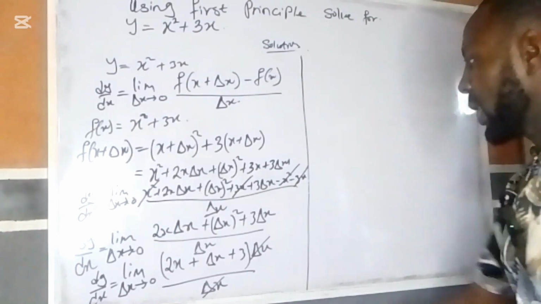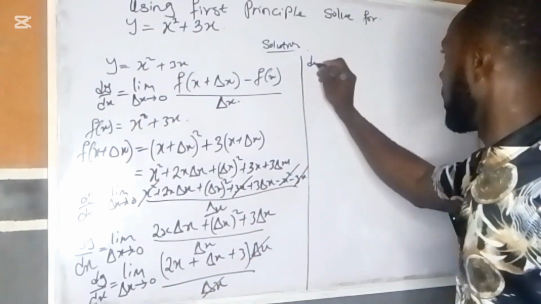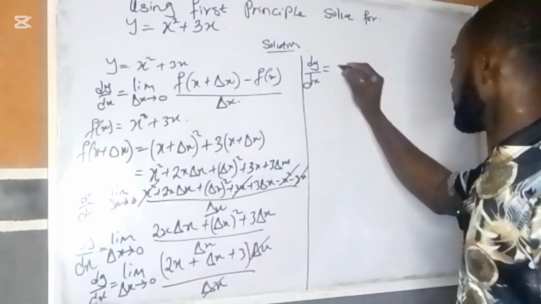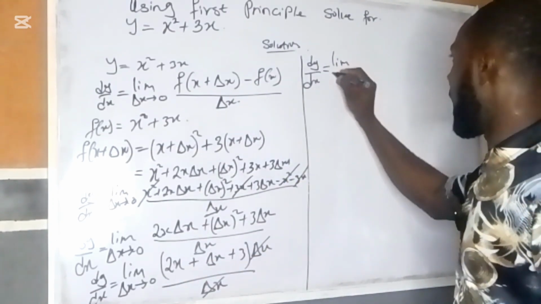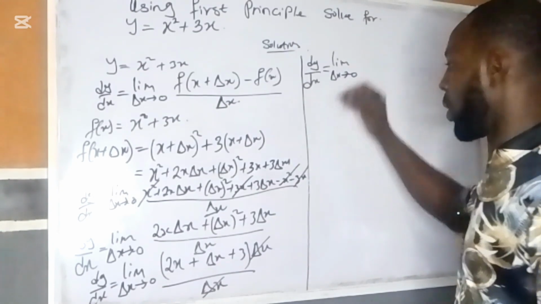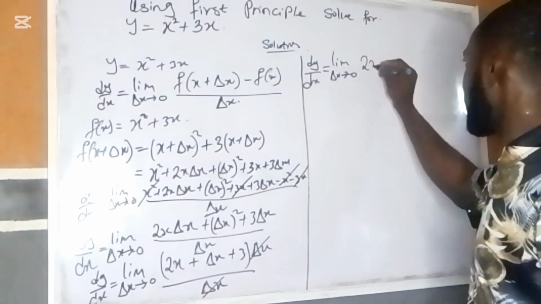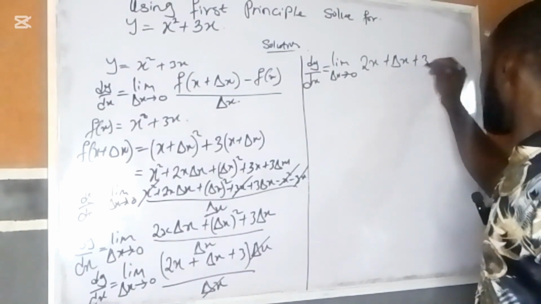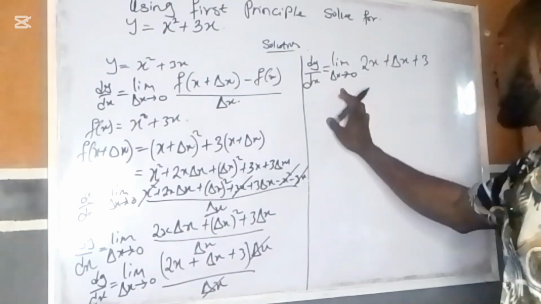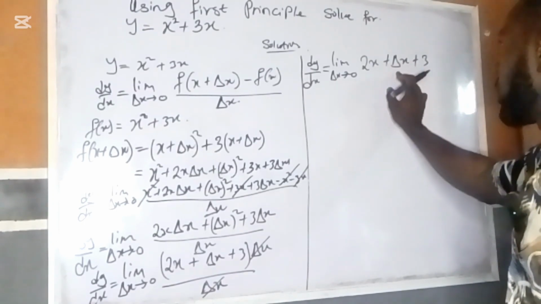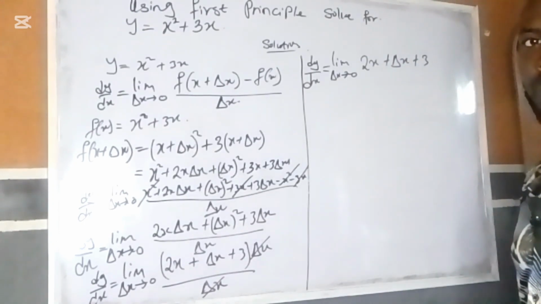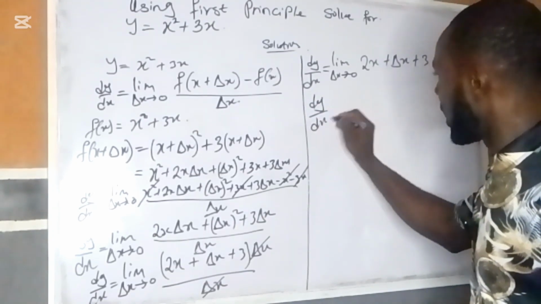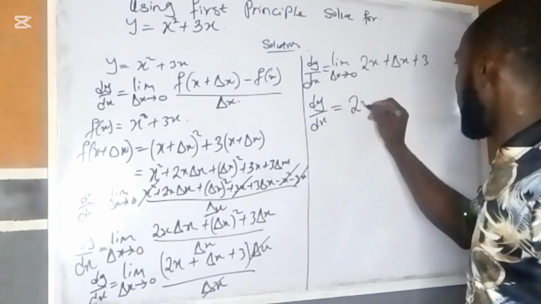What is left with us is dy all over dx is equals to the limit as change in x approaches 0 of 2x plus change in x plus 3. What this limit means is that when change in x is approaching zero, this turns to 0.